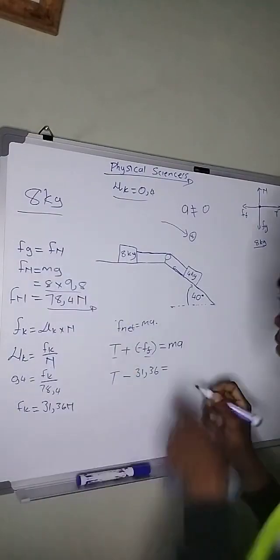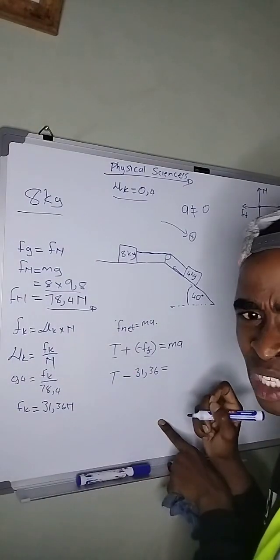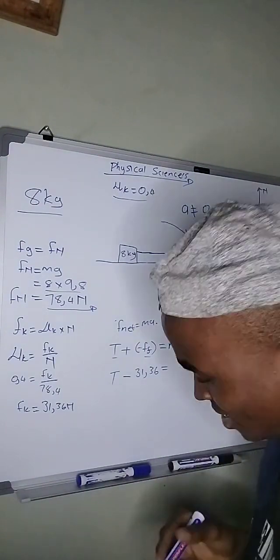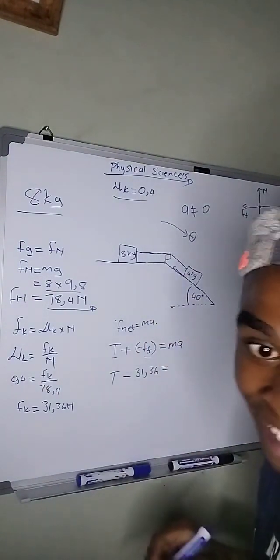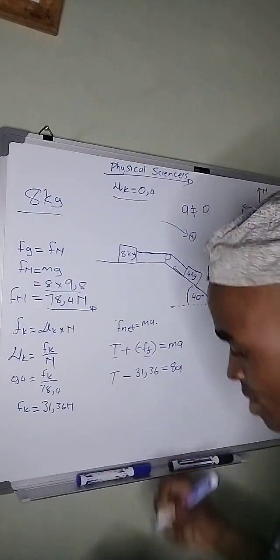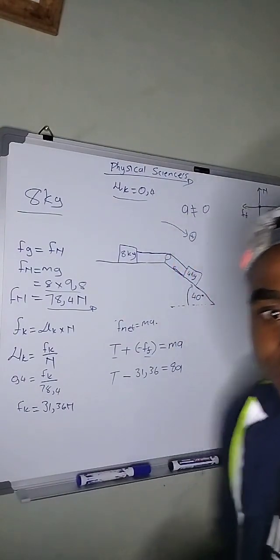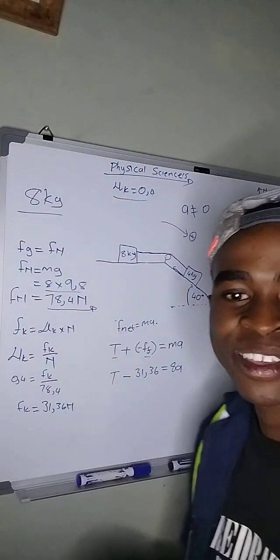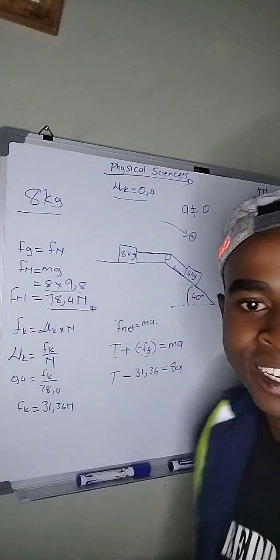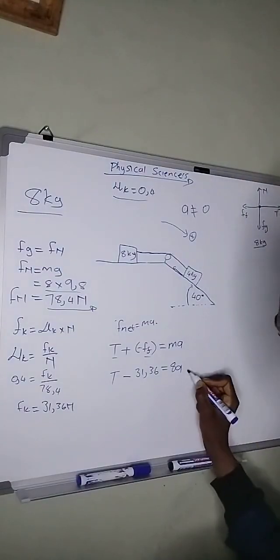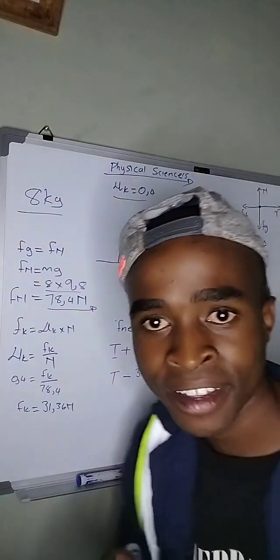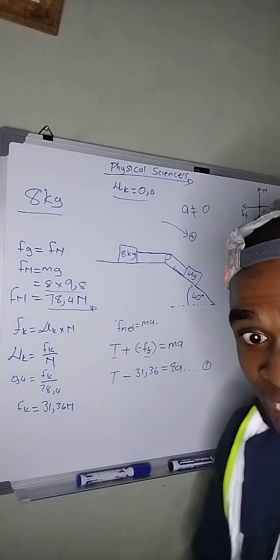My value of M represents what? Mass, yes. 8a. So this is going to be my equation number 1.